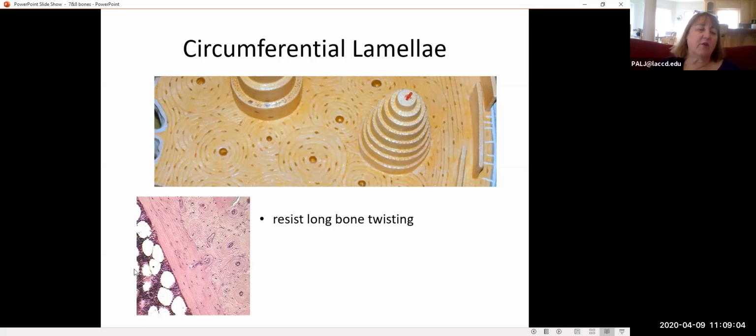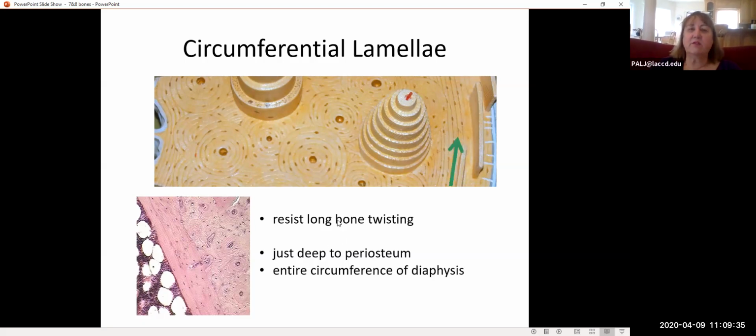So if we look at the photomicrograph down below, you can see that the lower left corner, that's obviously red bone marrow. And just above the red bone marrow, you can see these circumferential lamellae. And then as you continue more towards the right side, you can clearly see that we have multiple osteons, which indicates that is compact bone, because osteons are only in compact bone, not in spongy bone.